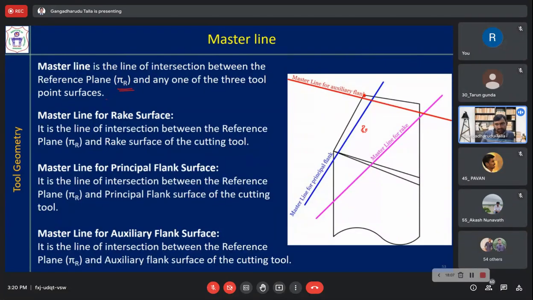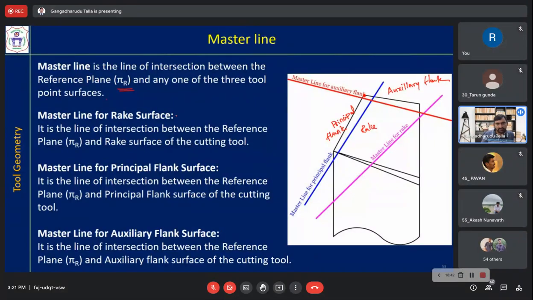One is the rake surface, the other is the principal flank, and this is the auxiliary flank. So these are the three surfaces. Master line is the intersection of these planes with the pi r plane. Those are the different master lines.